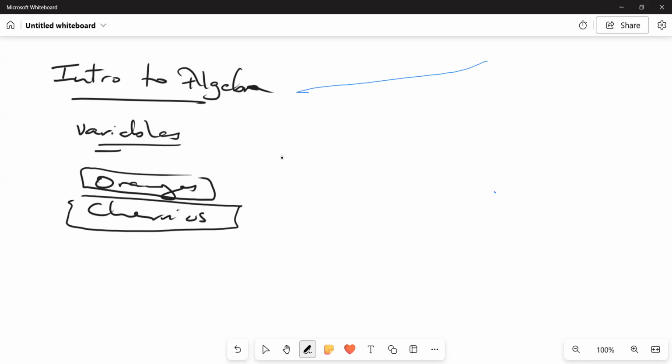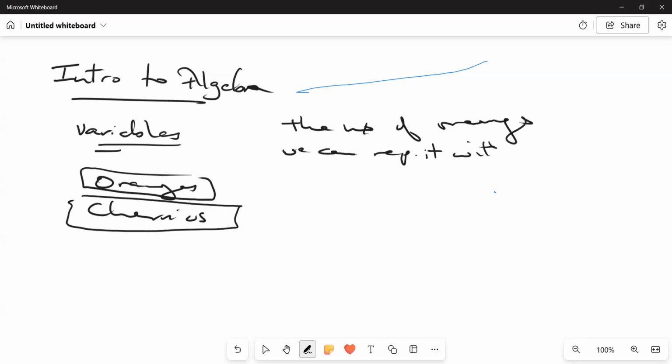So the number of oranges, we can represent with the letter O, right?